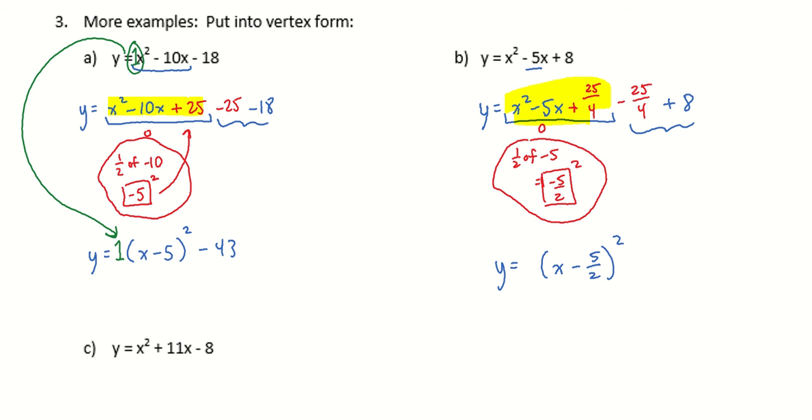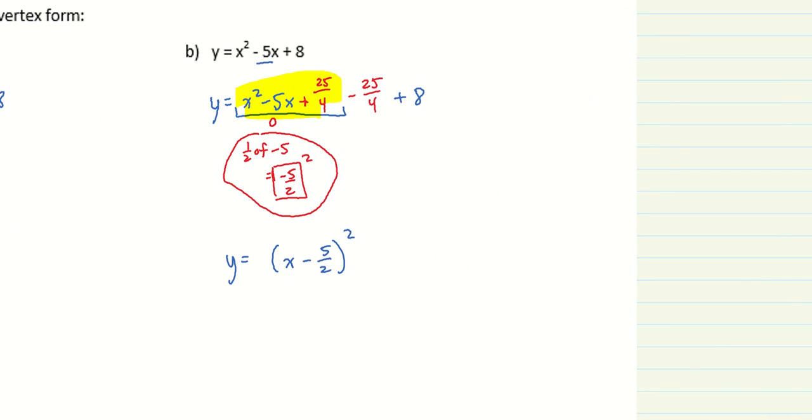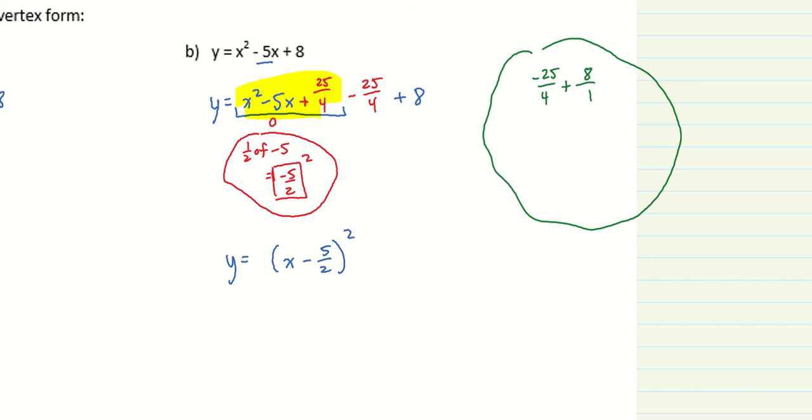So in order to do that, I need this to be 8 over 1. So sometimes when you're doing a question like this, there's a lot of work on a page. So what I might do is over here in the margins, I'm just going to put a little bubble, and I'm going to do this over here on the side. What's negative 25 over 4 plus 8 over 1? Okay, so we're going to make them common denominators.